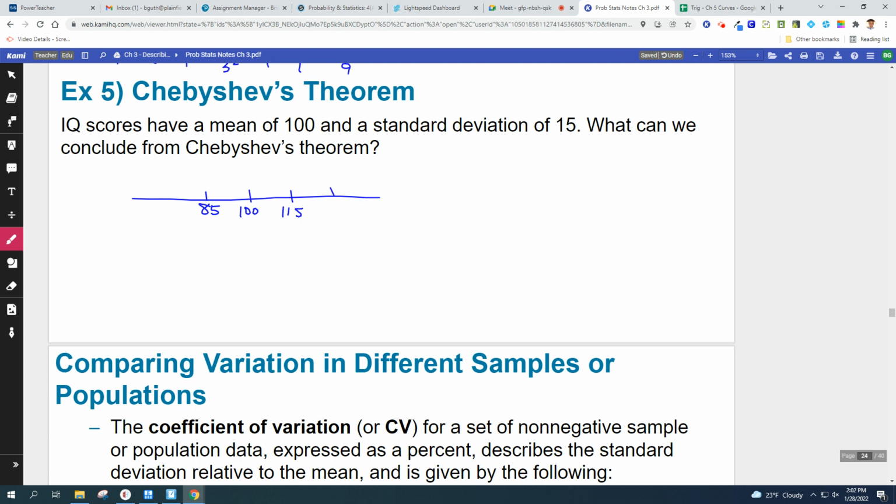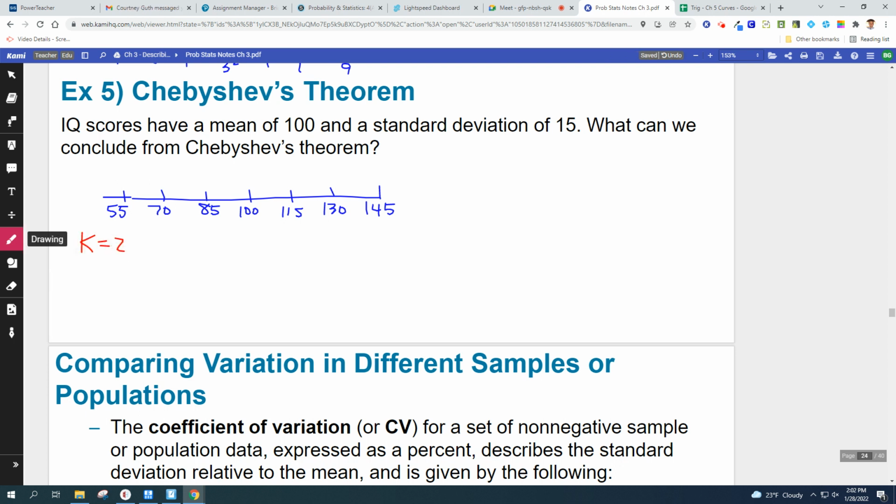Okay. 2 standard deviations away would be 130 and 70 right here. Okay. We can even do 3 standard deviations, go to 145 if we add 15, and subtract 15, that's 55.